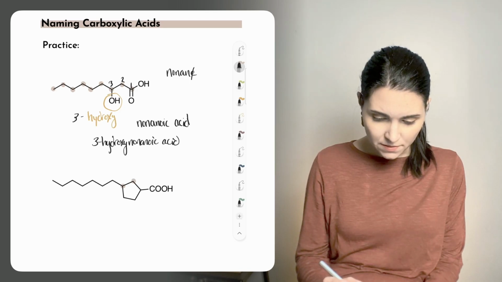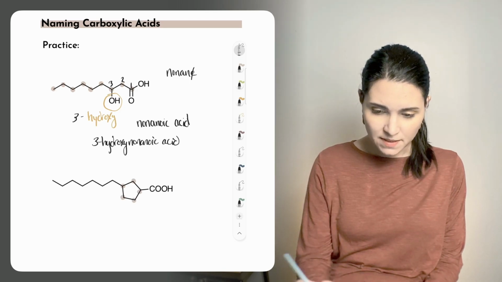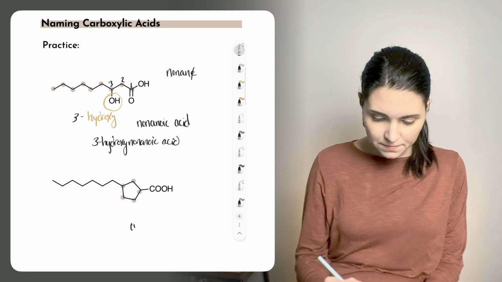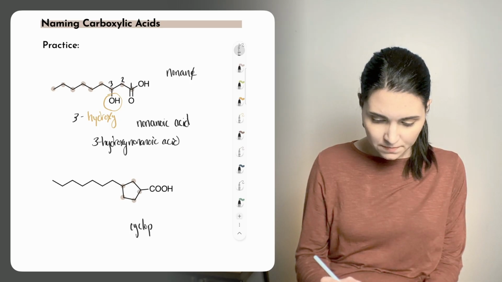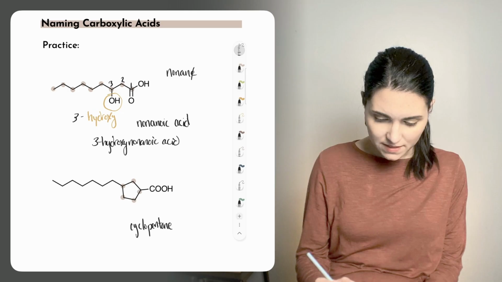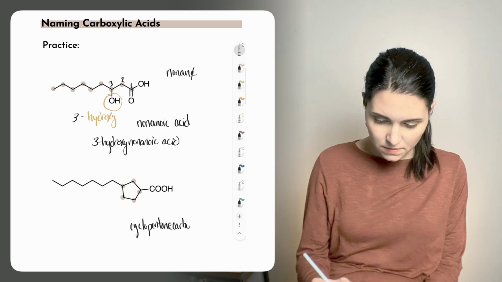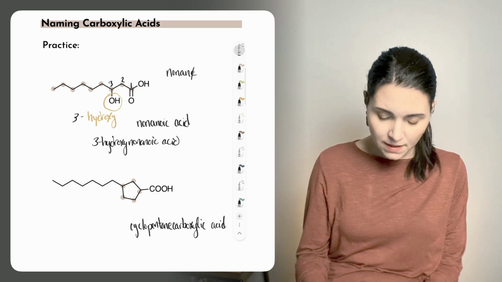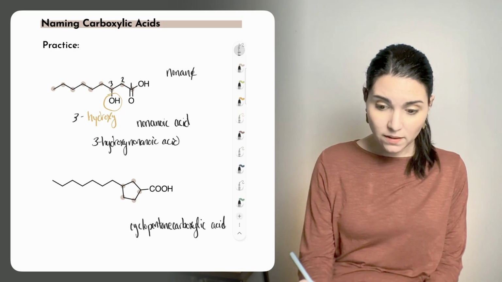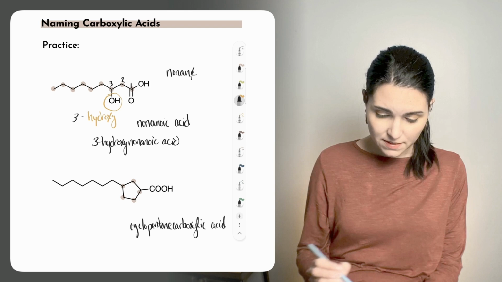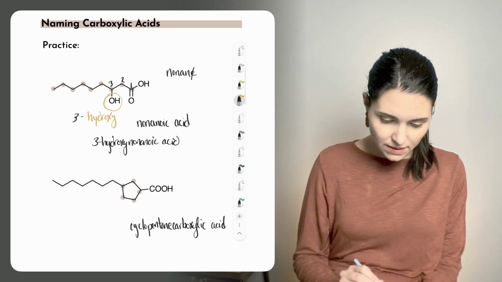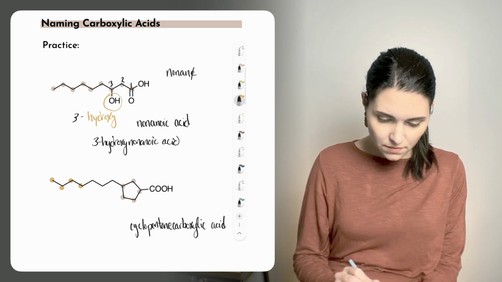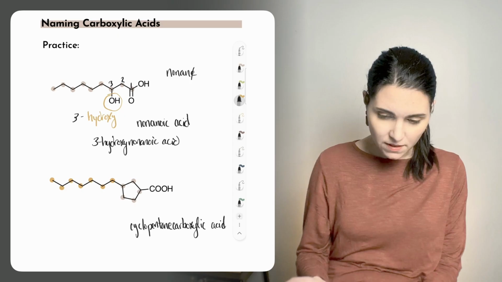And lastly, we have this carboxylic acid bonded to a ring. So the ring is going to be the parent. It is a cyclopentane. And then you just add carboxylic acid. And then there is a big long alkyl substituent on this cyclopentane as well. So let's count 3, 4, 5, 6, 7.